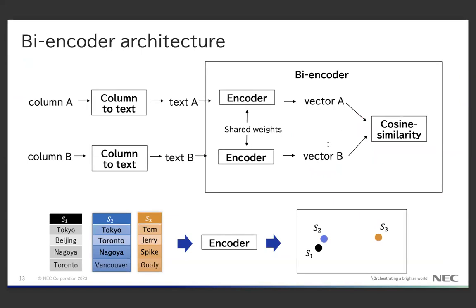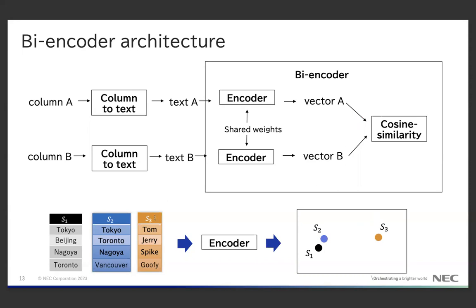Then we get 2 vectors, and we calculate the cosine similarity between them, and we use the loss function to make the cosine similarity as close as possible to the joinability of the training data. People call this architecture a bi-encoder or dual encoder, or if we share the weights, also a Siamese network.